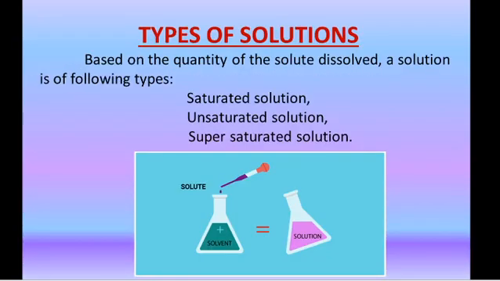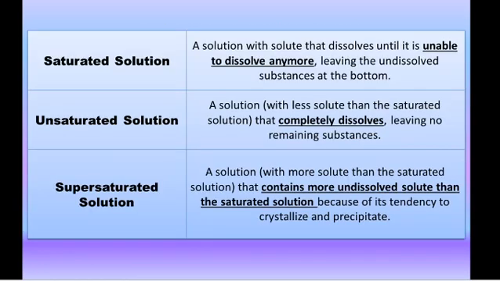Now let us see the types of solution. There are three types: saturated solution, unsaturated solution, and supersaturated solution. First, the saturated solution: a solution in which the solute dissolves until it is unable to dissolve anymore.